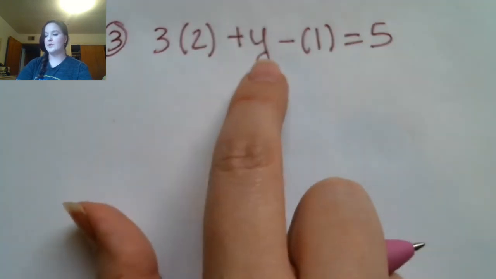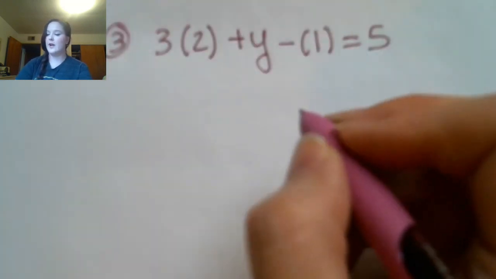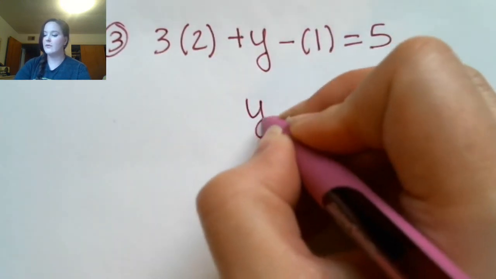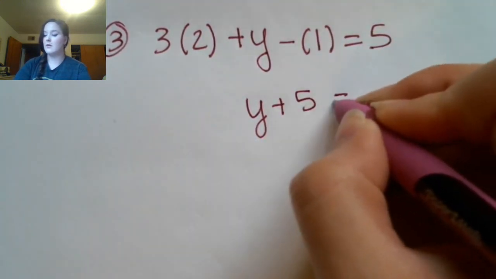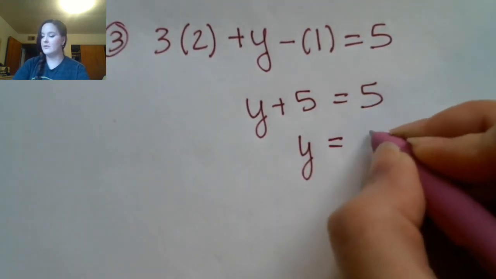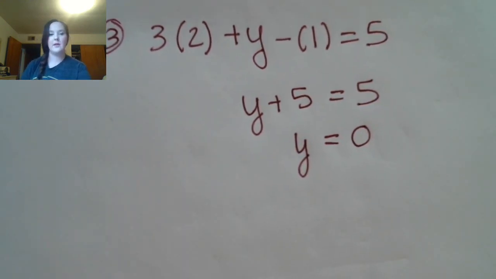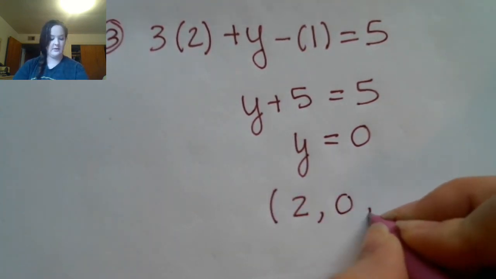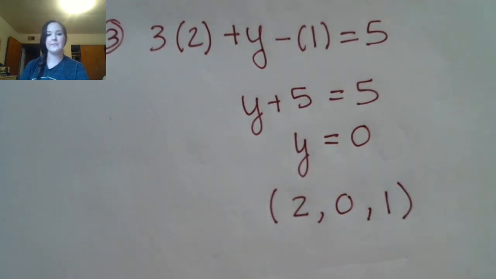So 3x plus y minus z is 5. And now I'm going to solve for y. So 6 minus 1 is 5. And this gives me y equals 0. So now I'm going to look at my ordered triple, x, y, z.